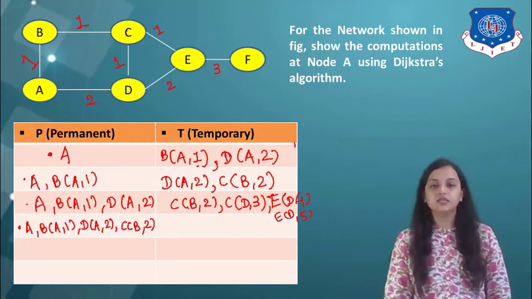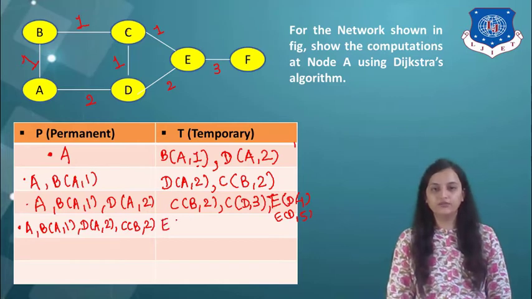Okay. Now as this C is shifted to the permanent side, we have to neglect these values for the C. Now the left values which we need to carry forward are ED4 and ED5.